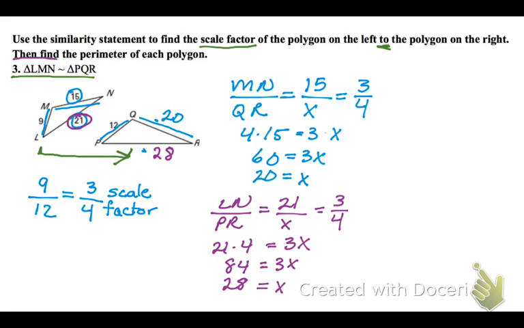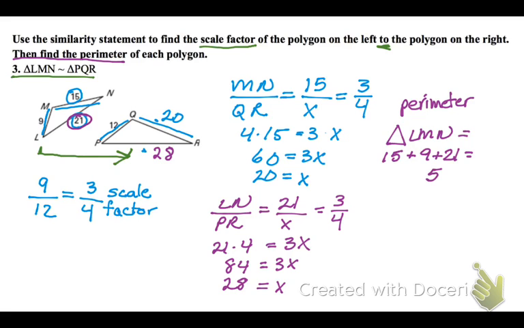So then it says find the perimeter of each polygon. So the perimeter of triangle LMN is equal to 15 plus 9 plus 21. 9 and 5 is 14, 1 is 15. Carry the 1, 1, 2, 3, 4, 45.